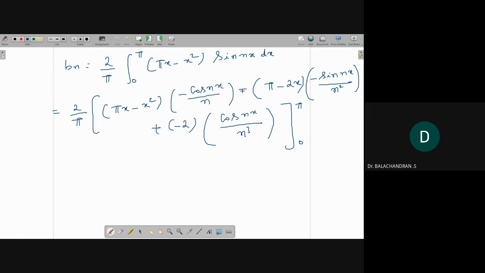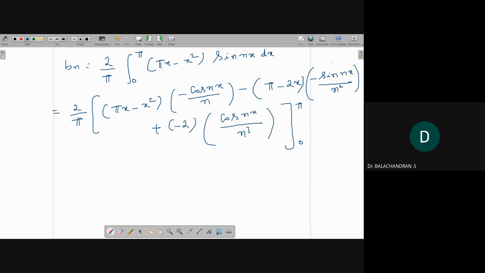If you integrate minus cos nx, you will have minus sine nx by n square. Plus, if you differentiate pi minus 2x, you'll get minus 2. If you integrate minus sine nx by n square, you have minus of minus, plus cos nx by n cube. Limit is from 0 to pi.